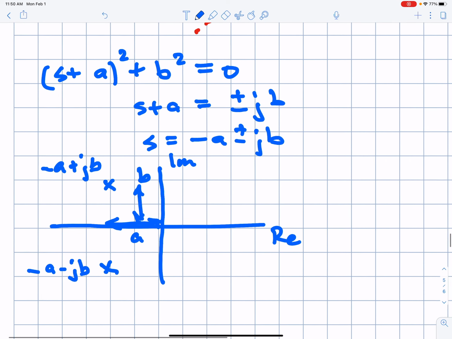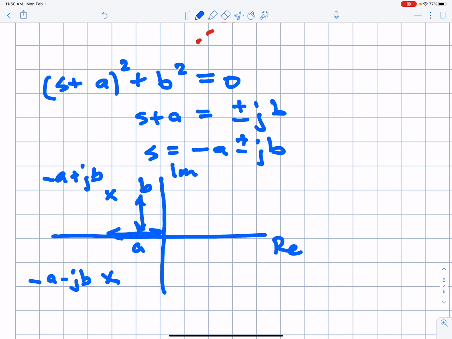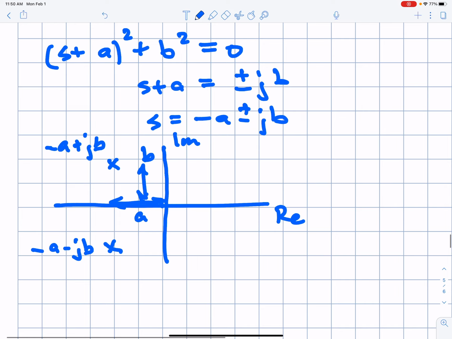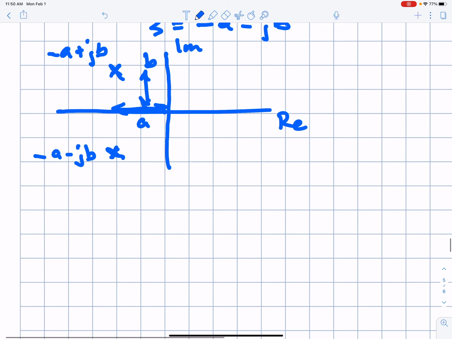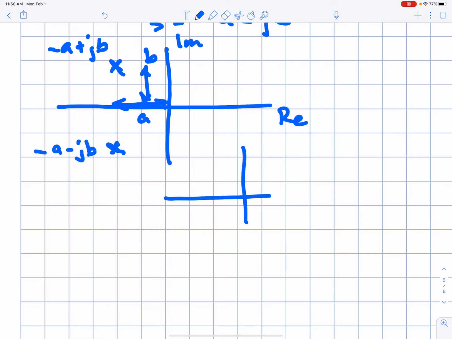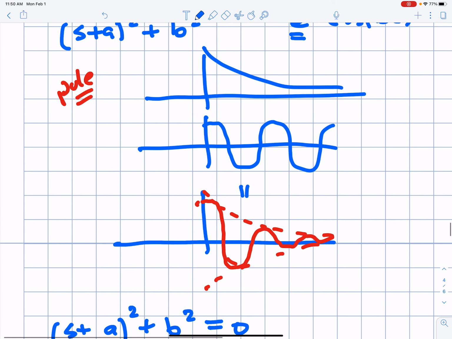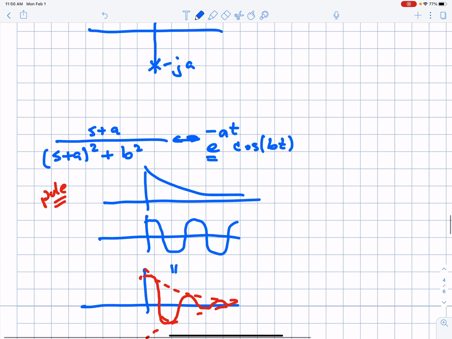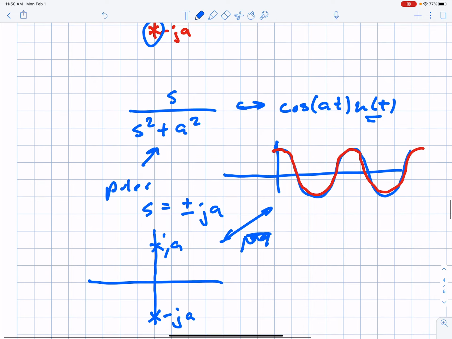When I see a pole pattern in this configuration, I immediately think, okay, it's a decaying exponential that wiggles like a cosine. Those are some signals I want you to think about. We're going to play around with some of these in MATLAB for a homework assignment.